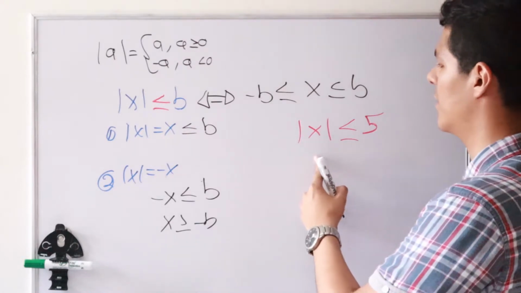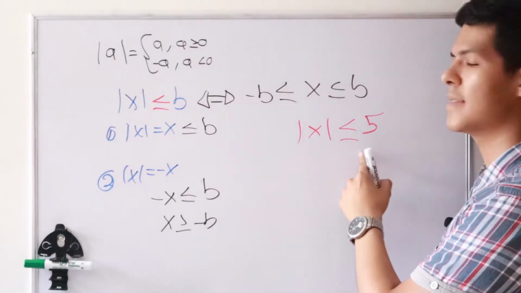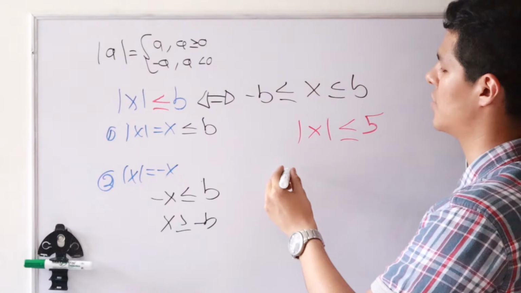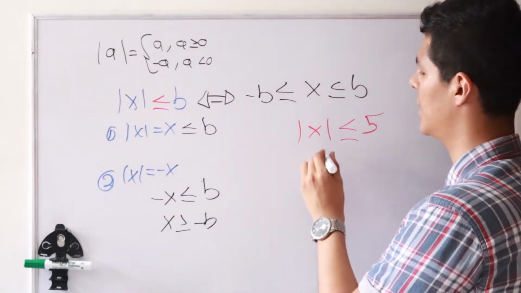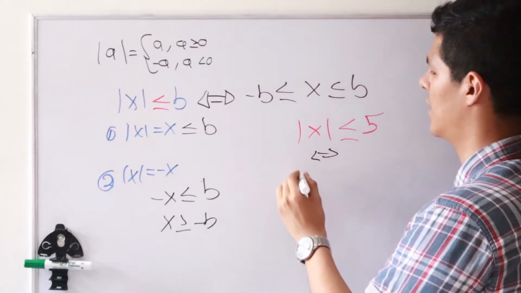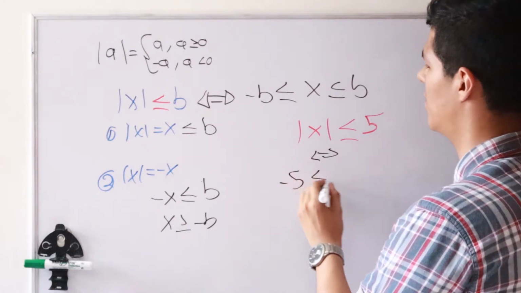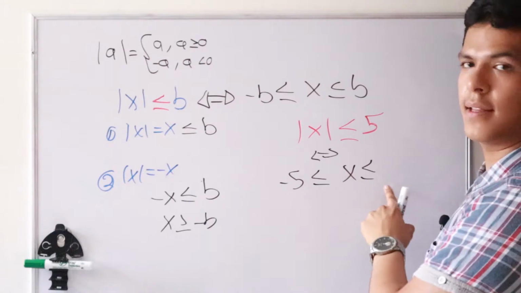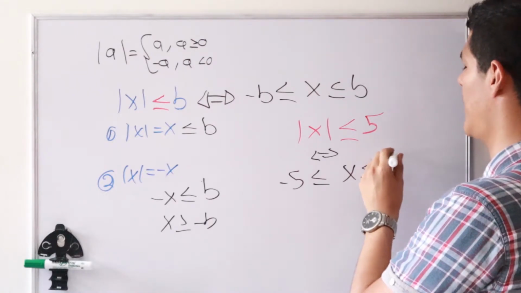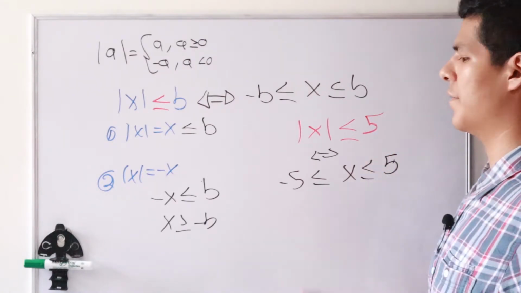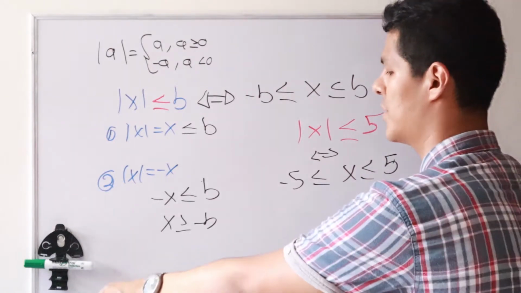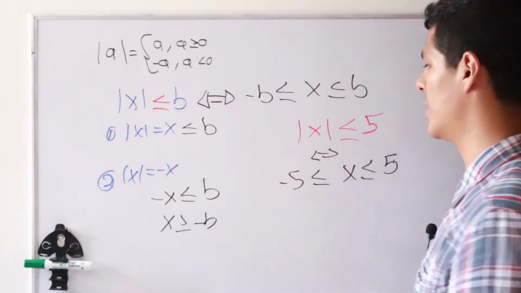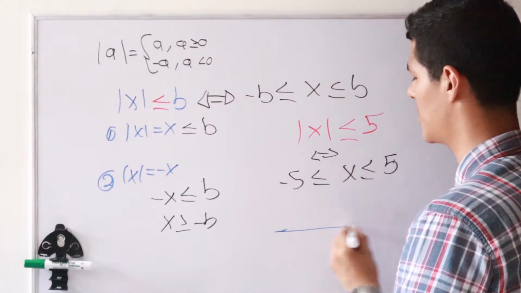So from here we have that the absolute value of X is less or equal to 5. So the solution is that minus 5 is less or equal to X, which is less or equal to 5. So what are the possibilities for X that satisfy this inequality?